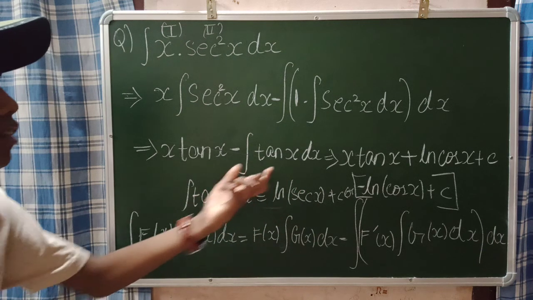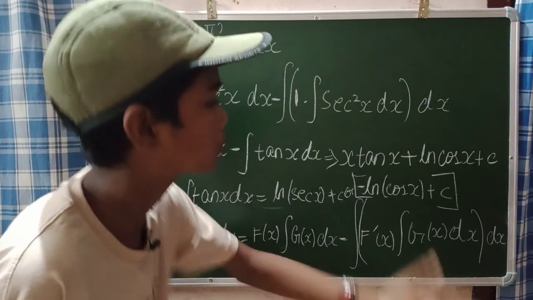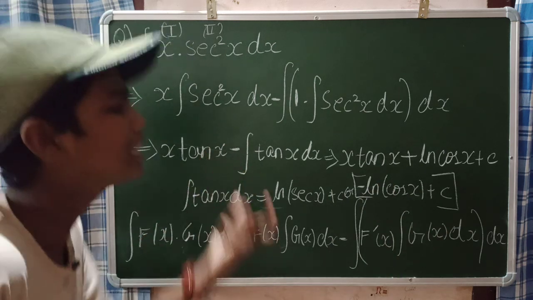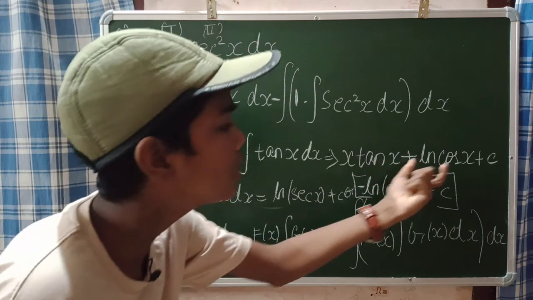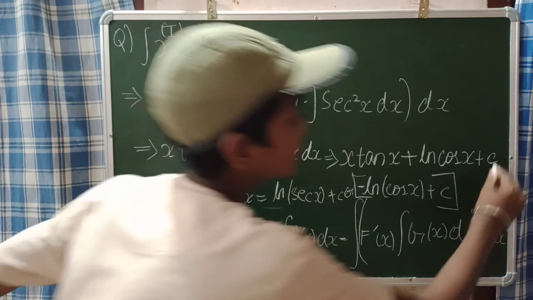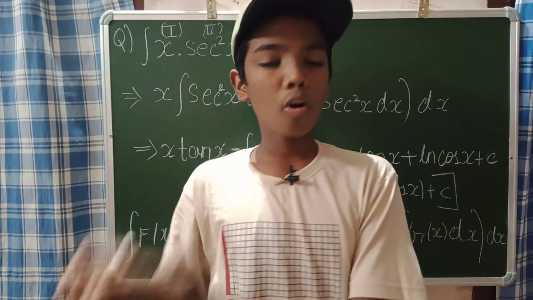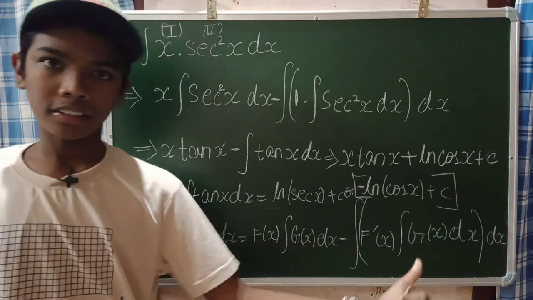When I write the integral of tan x dx as minus ln cos x plus c, I get minus of minus ln cos x plus c. Minus of minus ln will be plus ln cos x plus some constant, and this constant is nothing but the sum of all the constants of every integral.